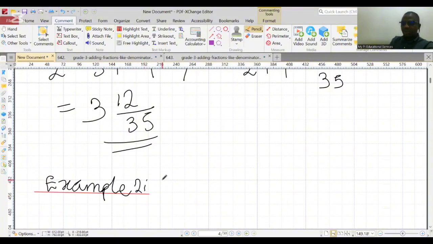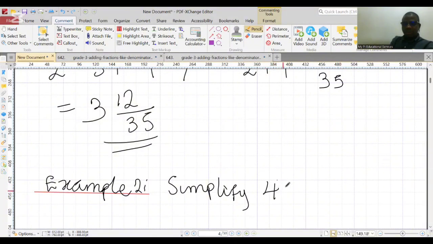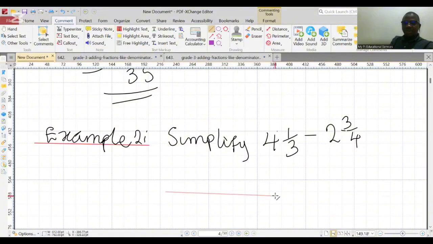In example 2, the question says simplify 4 whole number, 1 out of 3 minus 2 whole number, 3 out of 4. As usual, we're going to subtract.